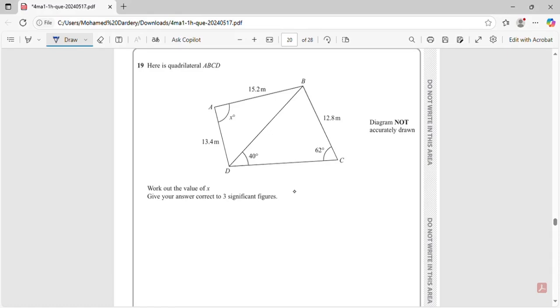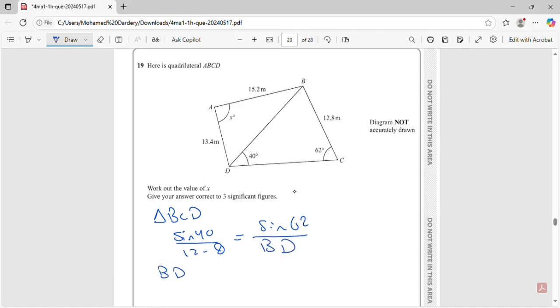But I can find the side BD by using the sine rule in BCD. So in the triangle BCD, we can apply the sine rule. How? By saying sine 40 over this 12.8 equals sine 62 over BD.